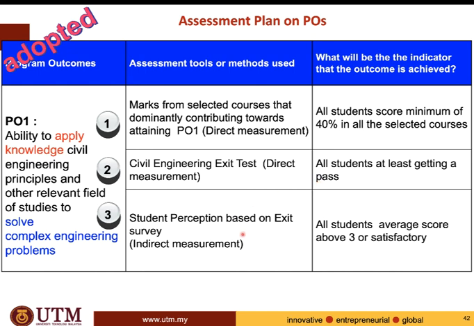And we use a simple indirect measurement, which is just to give a questionnaire to the students and ask them to self-assess whether they have achieved PO1 or not.